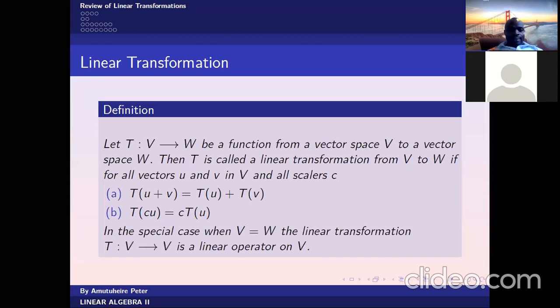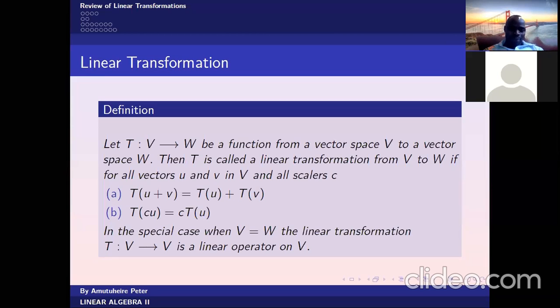And in a special case, when V is equal to W, if that map is mapping within the same vector space, then we call it a linear operator on V. So a linear operator transforms things and brings them back into the same set. Now, in Calculus 1, we looked at functions, or what we call mappings. So functions work as a machine.